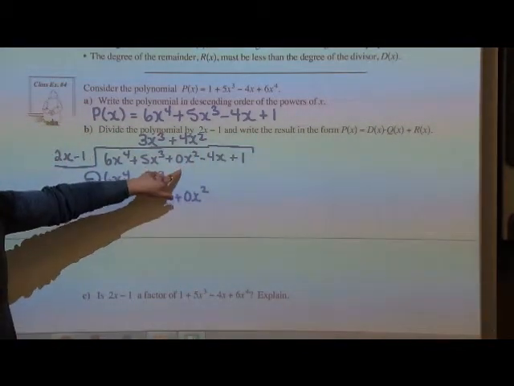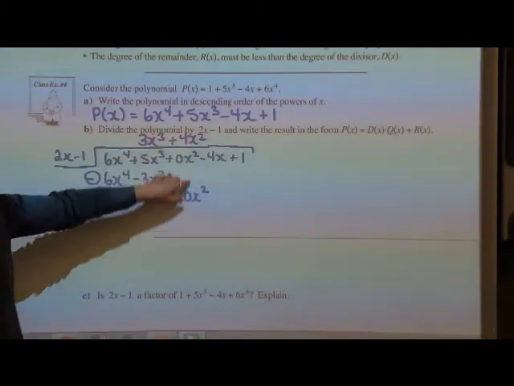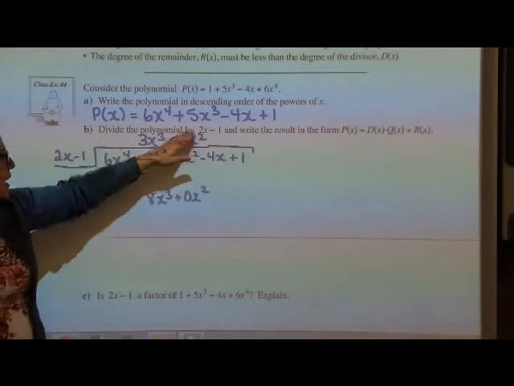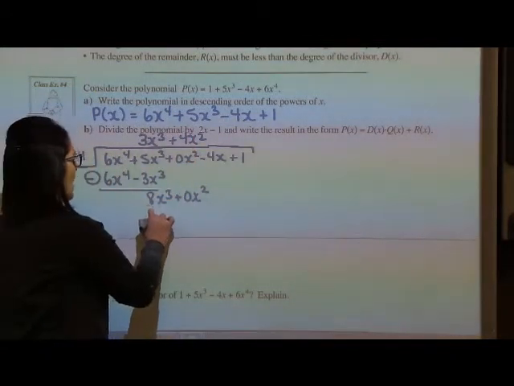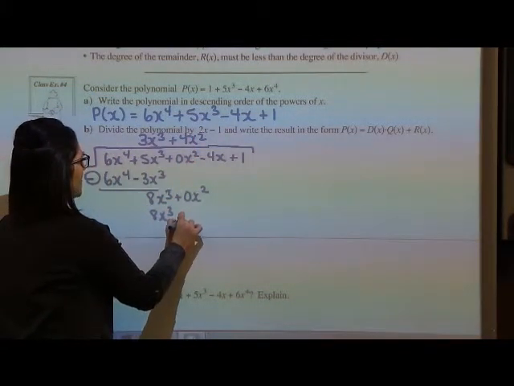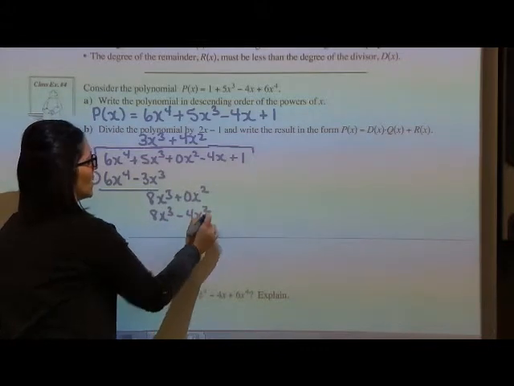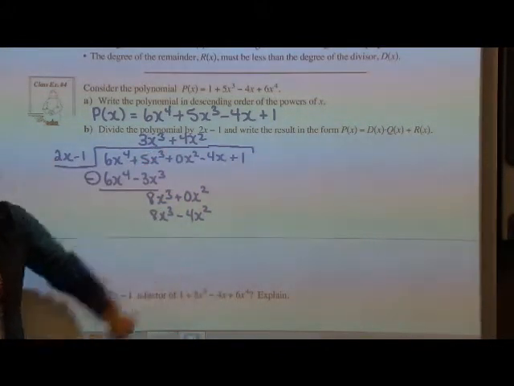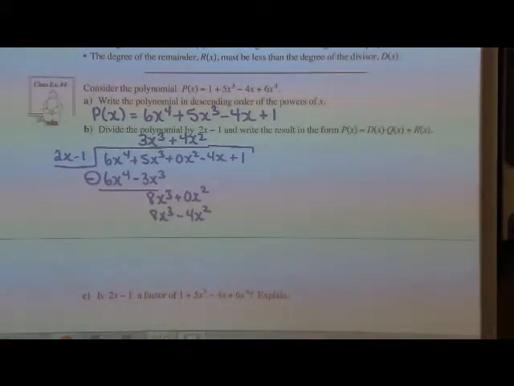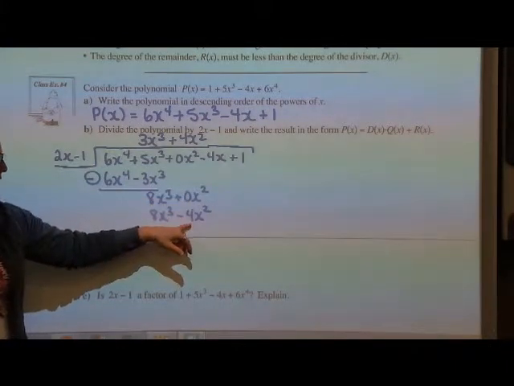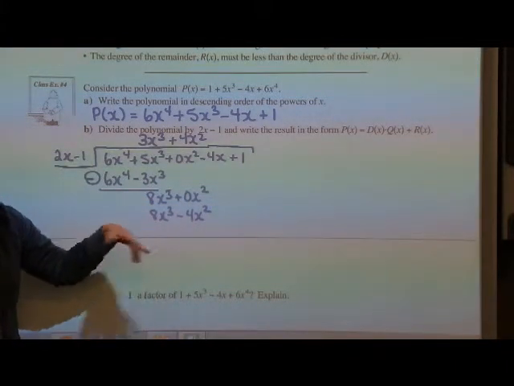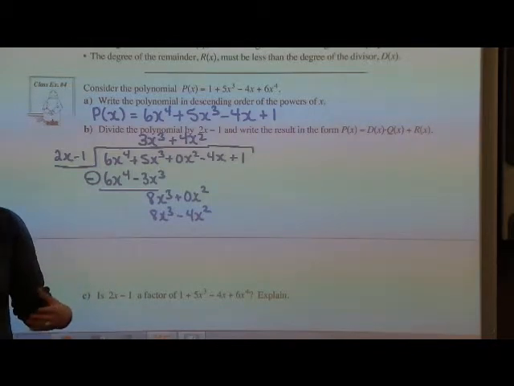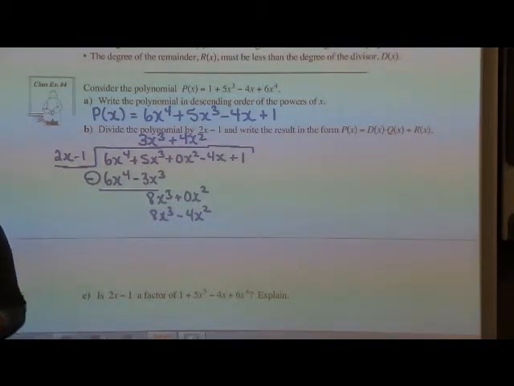This is why I want that 0x squared in there, because it holds that place value. And when I go to multiply it out, I get 8x cubed minus 4x squared. And if I didn't put that 0x squared in there and you would drop down the negative 4x, now you would be getting yourself into some confusion, because you have that minus 4x up here and the negative 4x squared down there, and you're more likely to just make a very simple mistake.